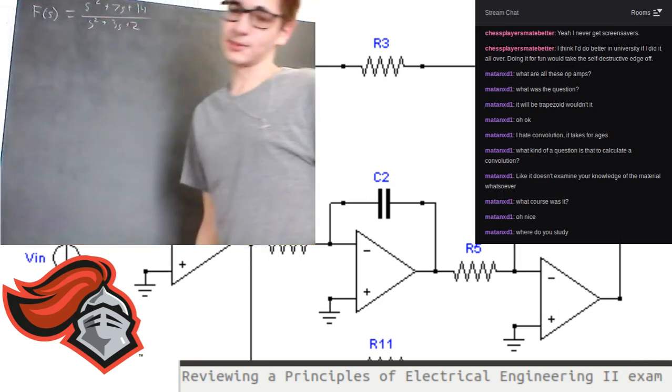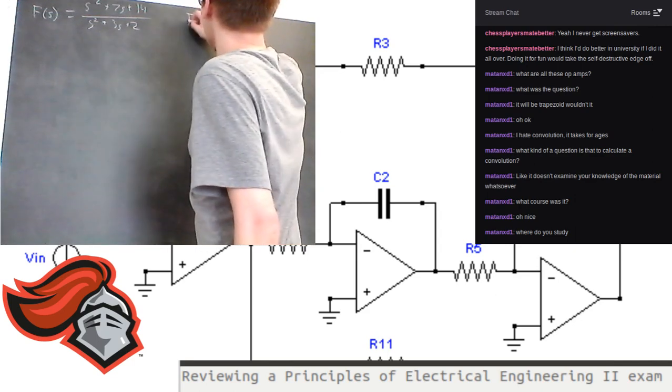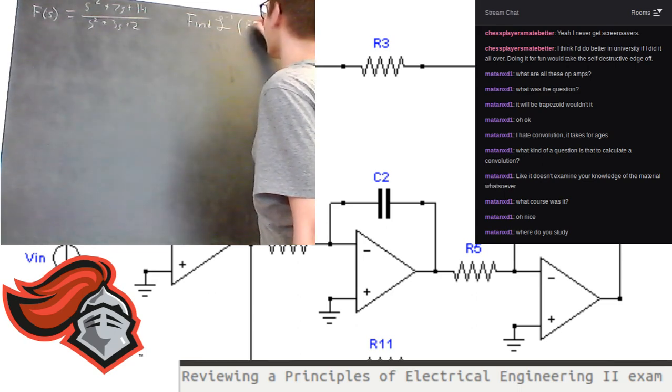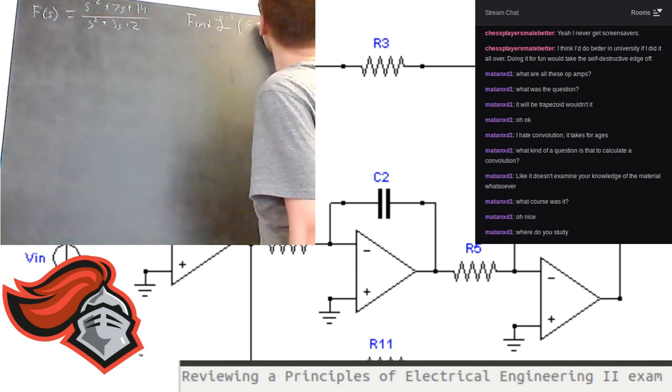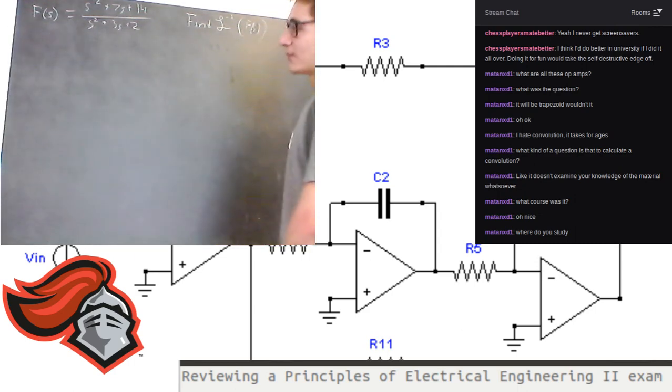And then it told you to use partial fraction expansion on it. Or, no, my bad. It was find the inverse Laplace transform of f of s, which involves using partial fraction expansion, essentially. Now, just looking at this right now, I made an error on the exam.